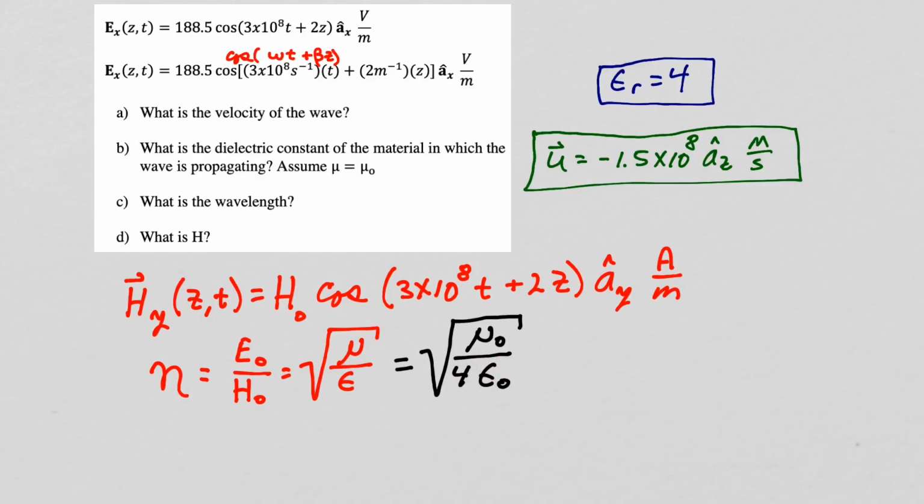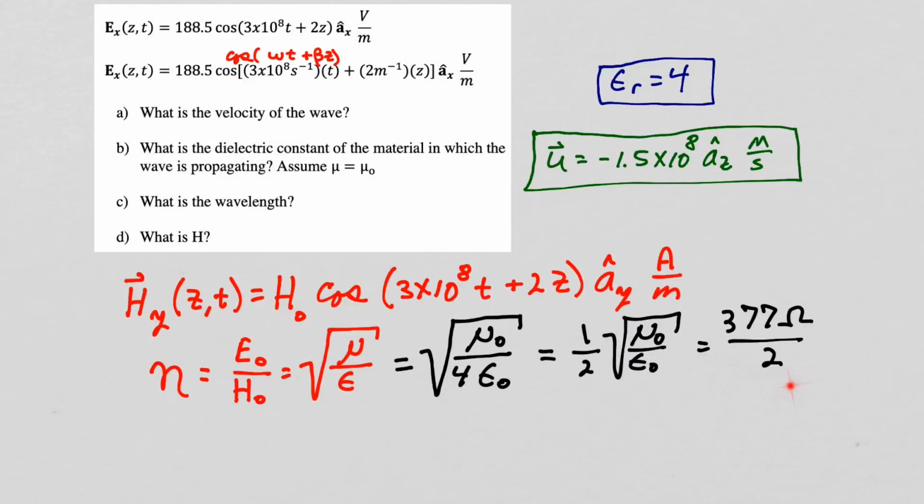So for this medium in which our wave is propagating, the intrinsic impedance is half the intrinsic impedance of free space. Our intrinsic impedance will be 188.5 ohms. So the amplitude of our magnetic field intensity is 1.